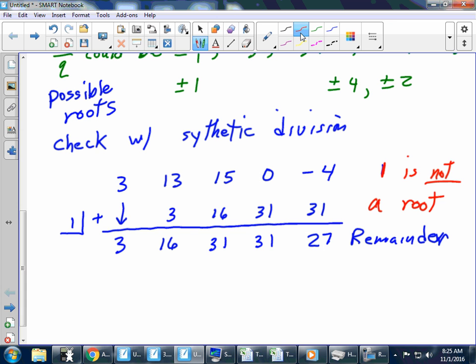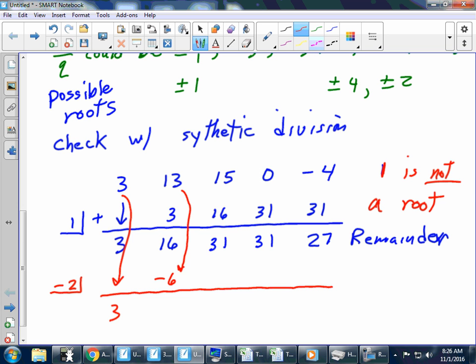If you're crafty, you don't have to, but you can just write this part and do it all again. Let's try to be crafty. Bring down my 3. Negative 2 times 3 is negative 6.